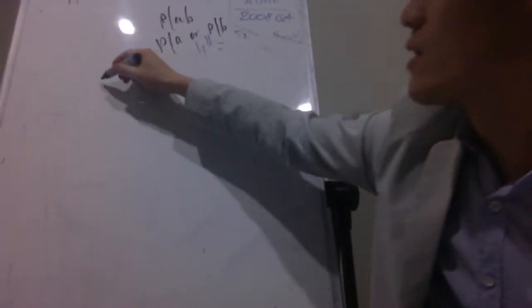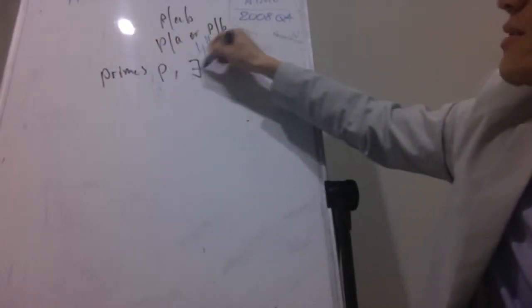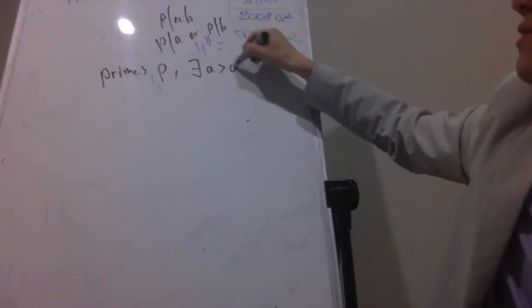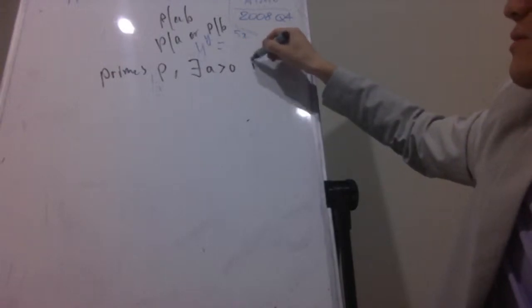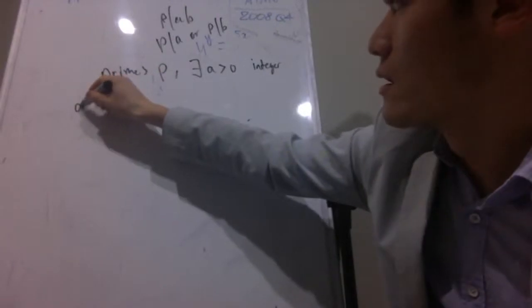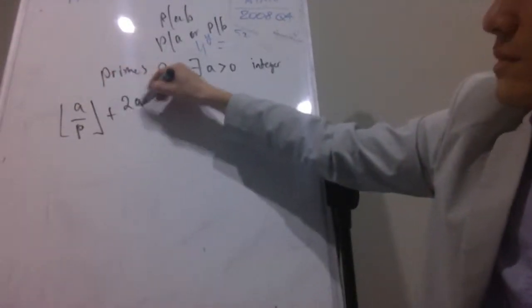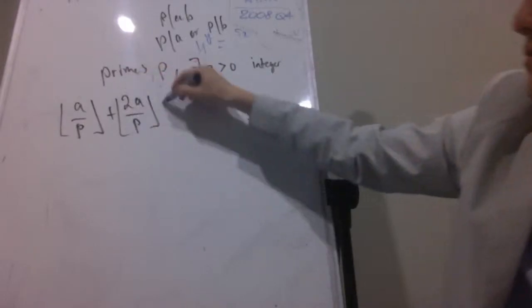Okay, so find all the primes p such that there exists an integer a, positive integer a, such that floor of a on p plus floor of 2a on p, and so on.